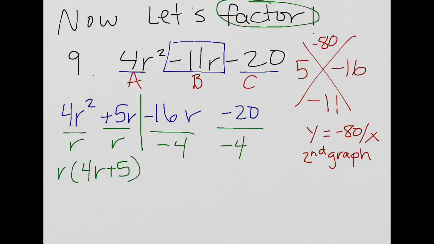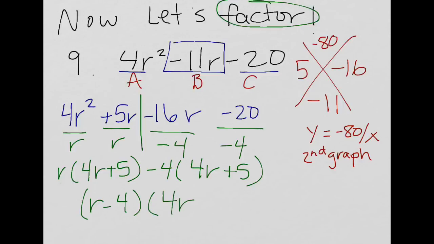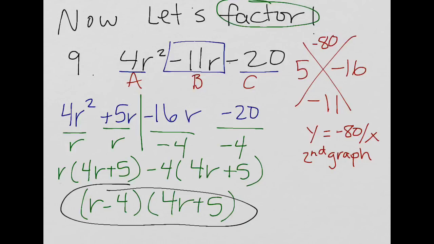I took the negative because the leading number was negative. So negative 4. 16 divided by 4 is 4R. 20 divided by 4 is 5. And I write my outside pieces and my inside or repeated piece. And that, my friends, is my final answer.